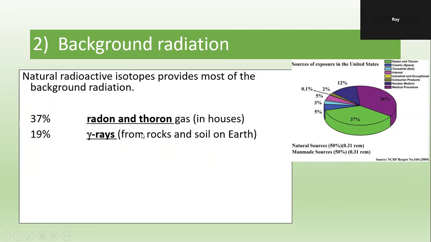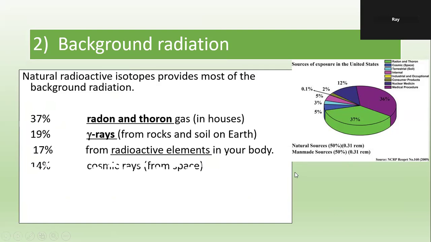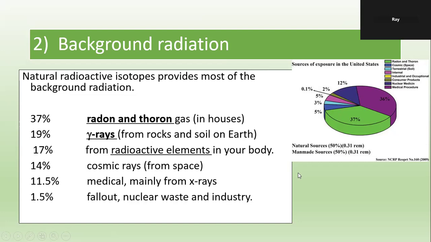Gamma rays from rocks and soil in the earth. 17% from radioactive elements in the body, mainly C-14. Cosmic rays from space. Medical, mainly from X-rays. 1.5% fallout, nuclear waste, and industry.